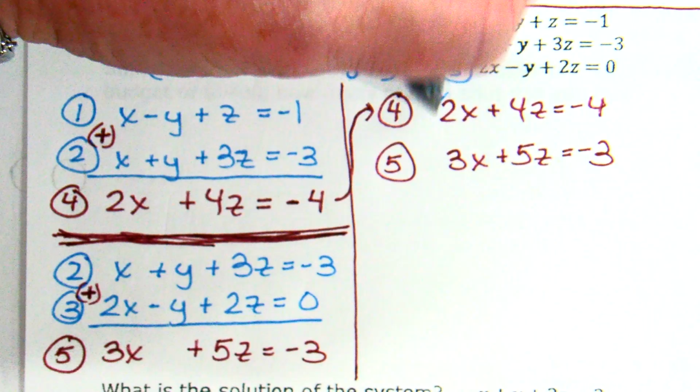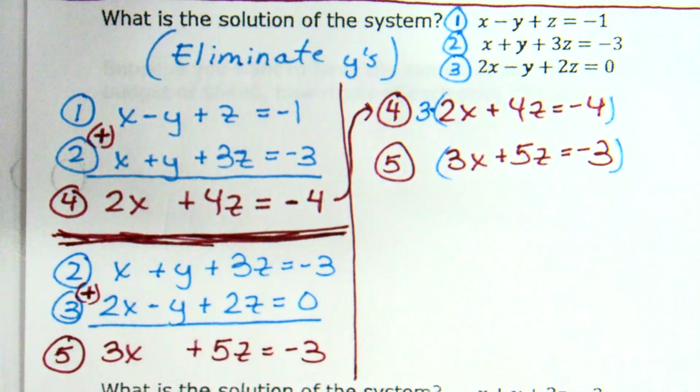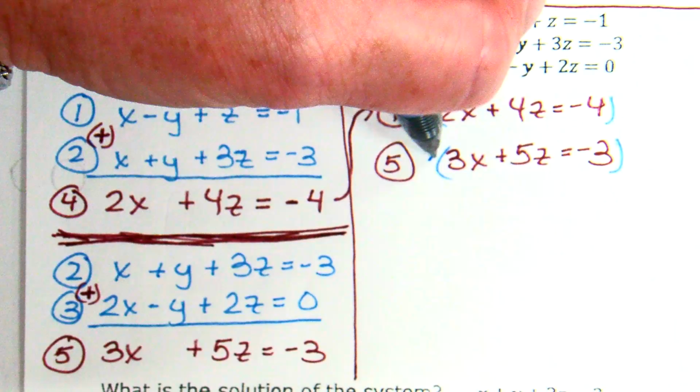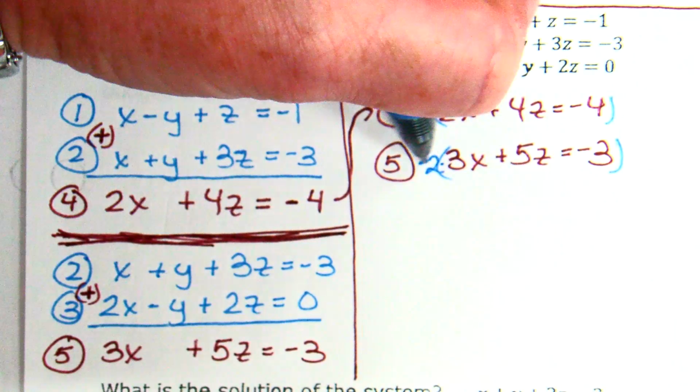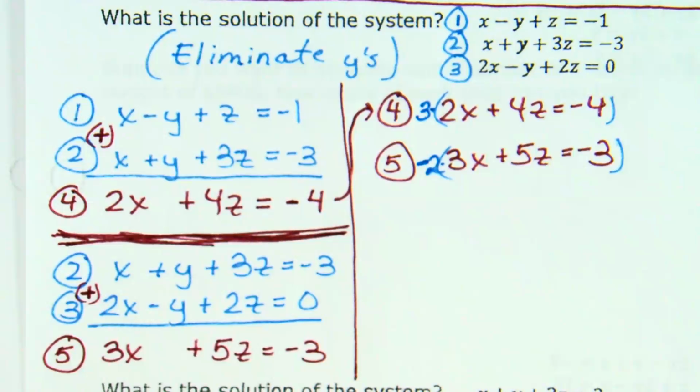If I'm going to eliminate x's, I'm multiplying the top equation by 3 and the bottom equation by 2. Probably a negative 2 is best. So top equation by 3, bottom equation by negative 2, and that will end up giving me a 6 and a negative 6.